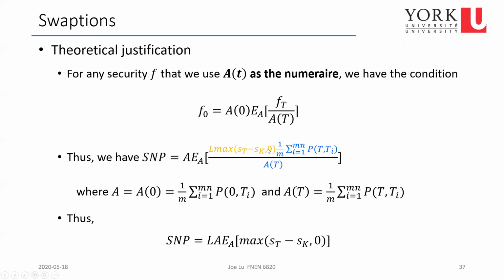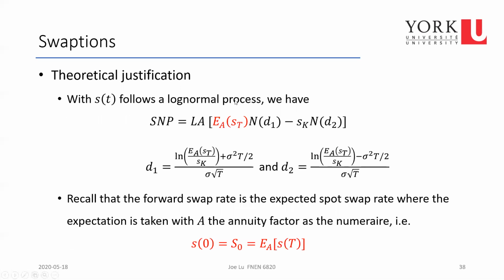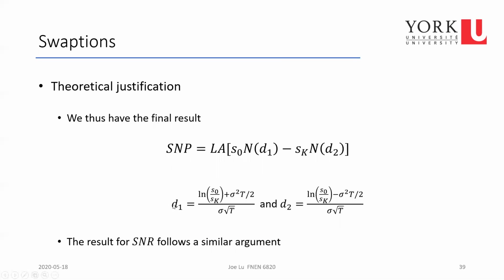Just put in a different payoff function here, you'll get a different expression, and then you will get a different formula for a swaption where the underlying asset is a receive fixed swap as well. So you should try that as an exercise.